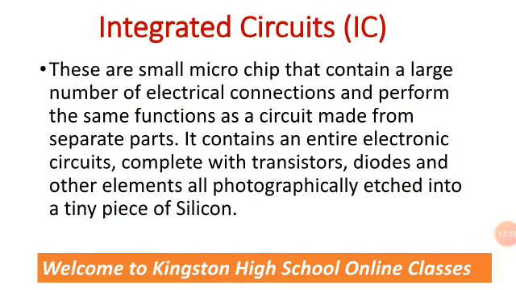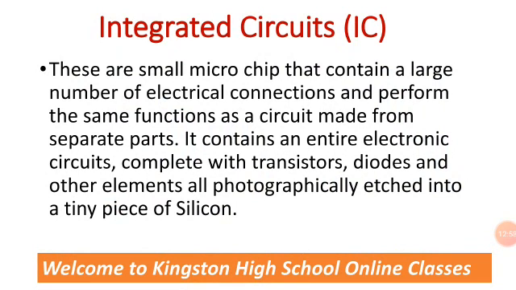It contains an entire electronic circuit complete with transistors, diodes, and other elements. So imagine what it would be like. All these things we are talking about are photographically etched. What we mean by etch is engrave on top of a tiny piece of silicon, as the case may be.